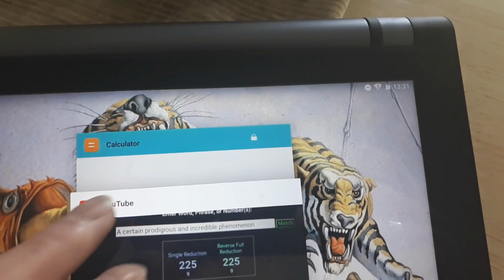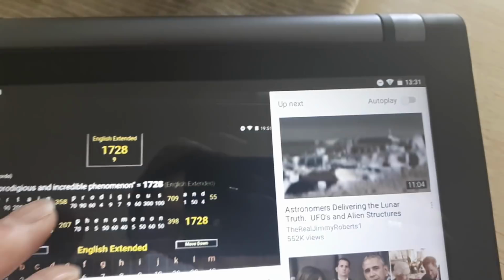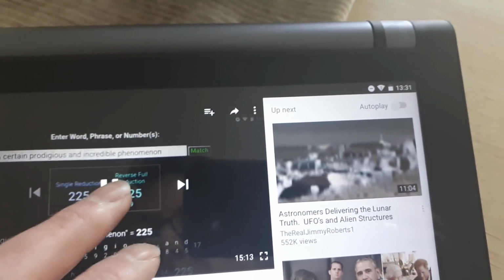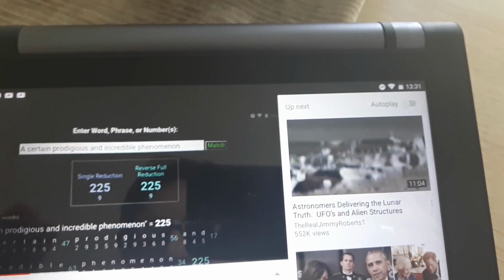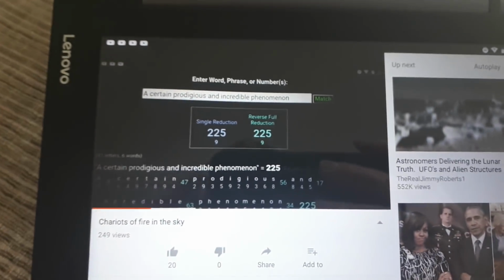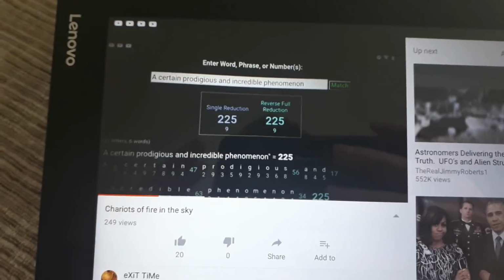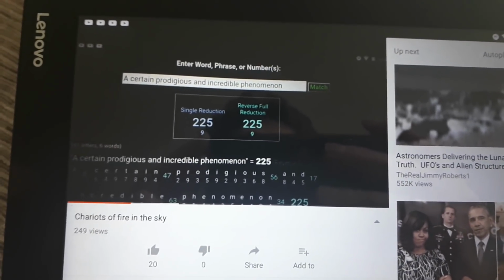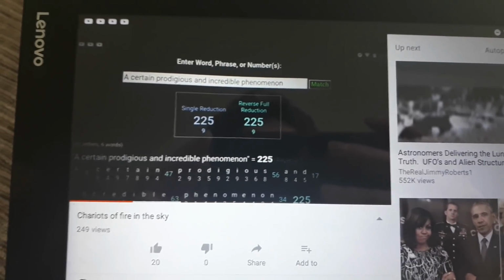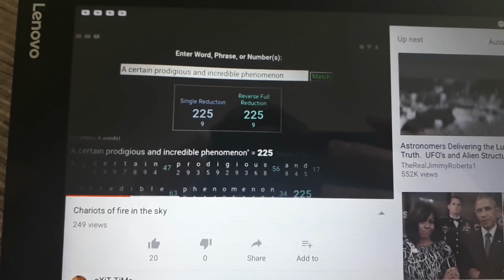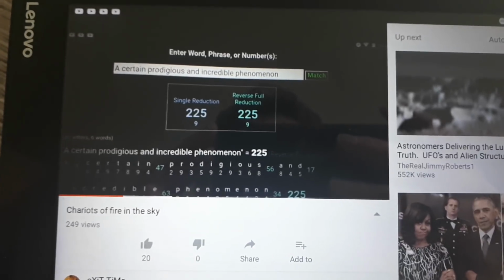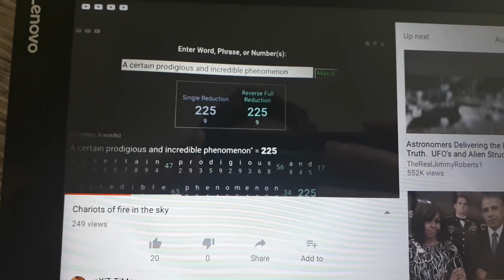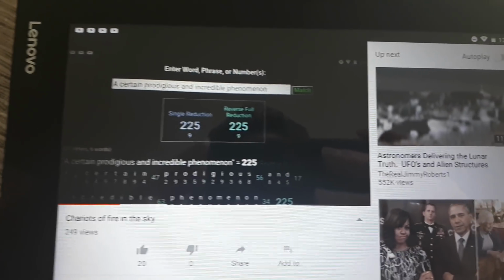Yeah, just a reminder of the date that I came across in the last video. So this was talking about the year 70 AD, and round about today's date, the 20th of May, 21st of May, there was a certain prodigious and incredible phenomenon seen, representing what was described as chariots of fire in the sky.